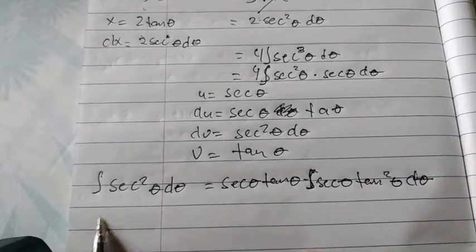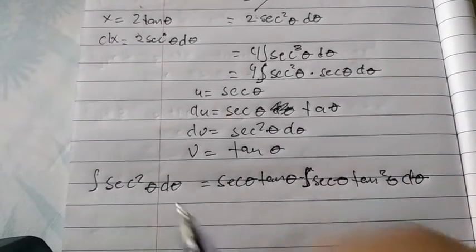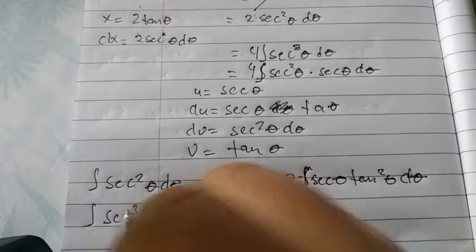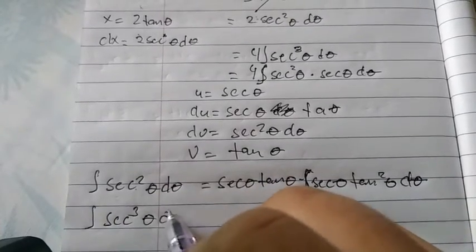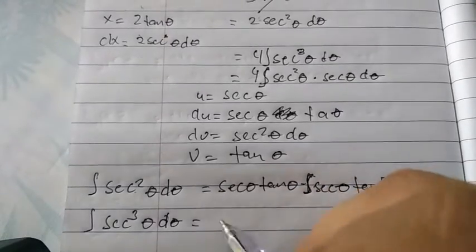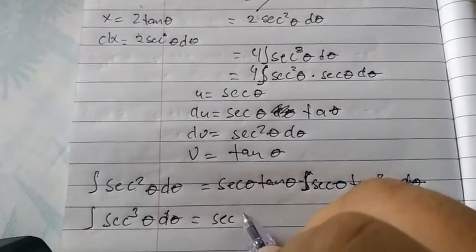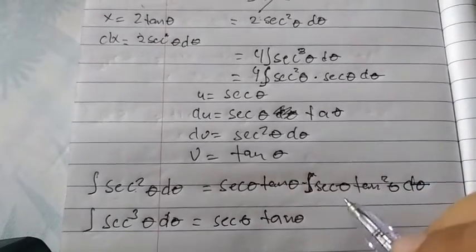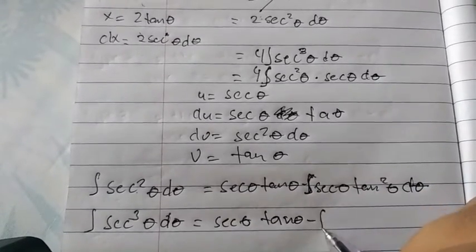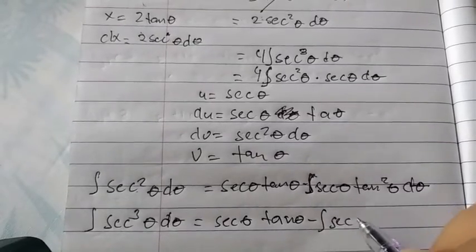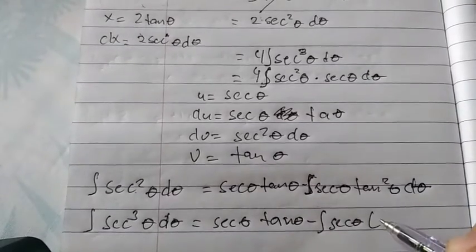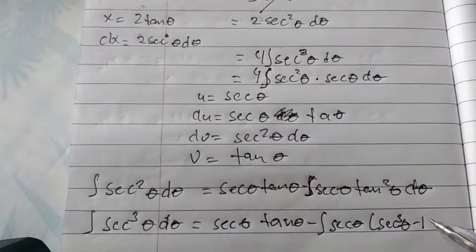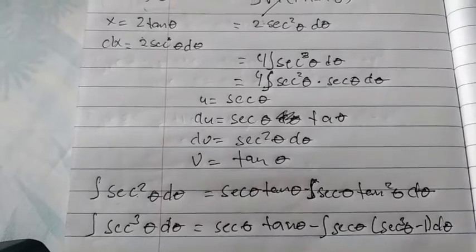Then we're going to rewrite this. The integral of sec cubed theta d theta equals sec theta tan theta minus the integral of sec theta times (sec squared theta minus 1) d theta.